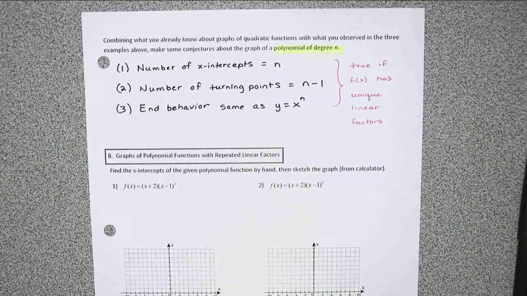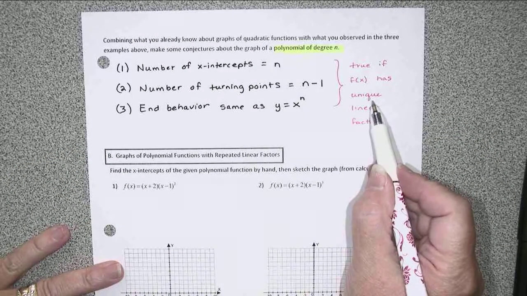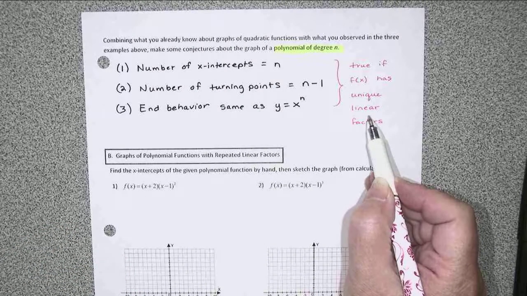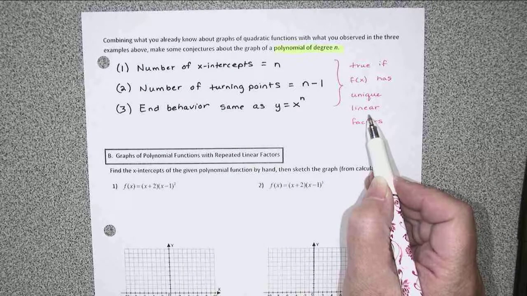Okay. Unique meaning there were no multiplicity 2 or multiplicity 3. Linear, meaning everything factored down to an x to the first. There were no x squareds left in the quadratic, or no quadratics rather left in the factored form.